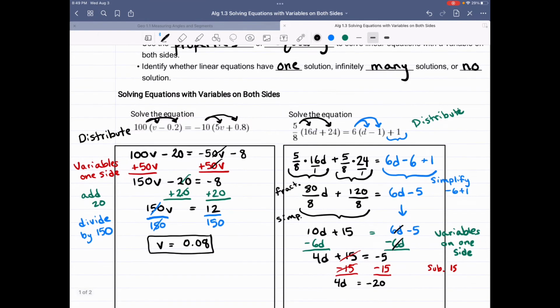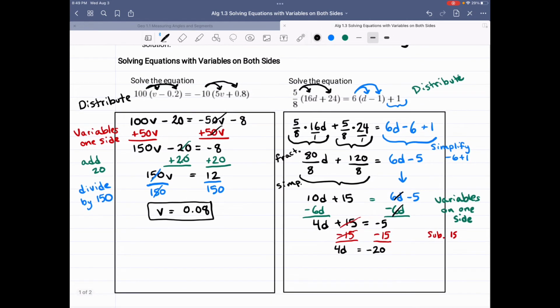And we have one more step. What are we going to do now? Yeah, we're going to divide by 4 because we have 4 D's. We divide by 4 and it cancels because 4 divided by 4 is 1, leaving us with just 1D. Okay, so for this step we divide by 4.